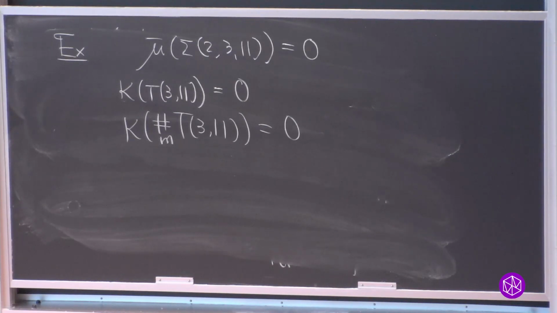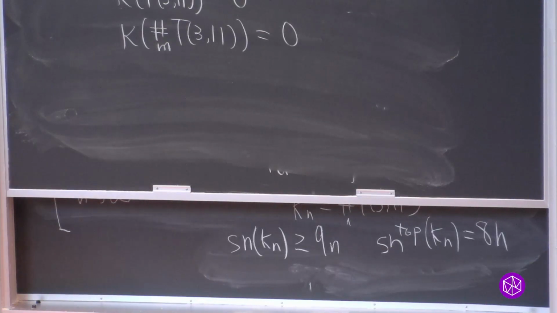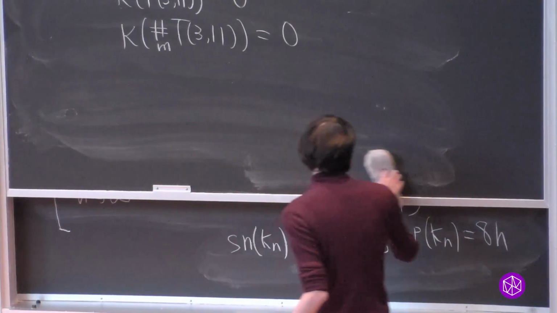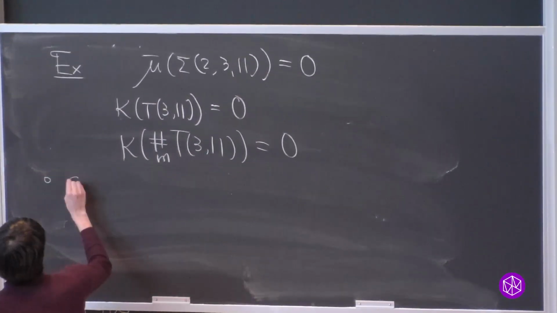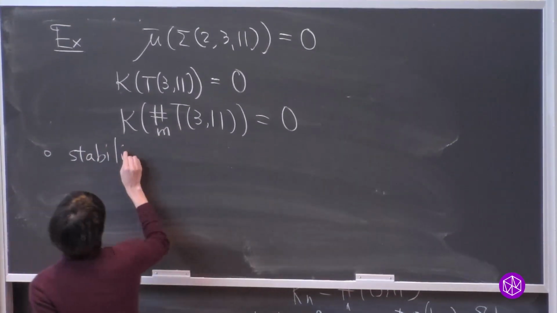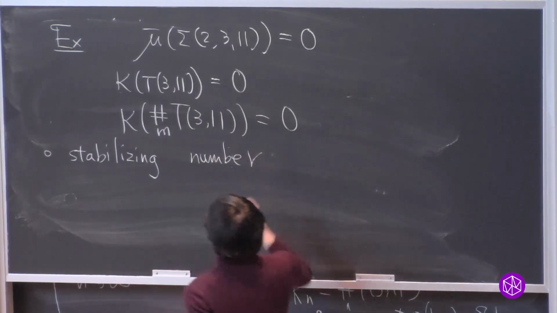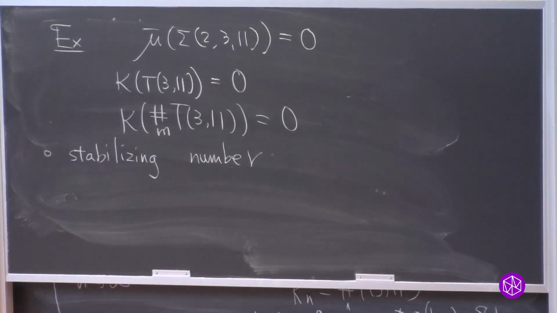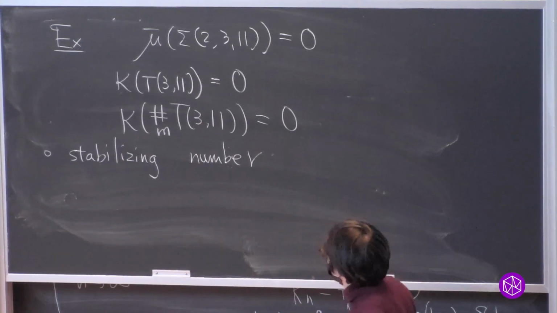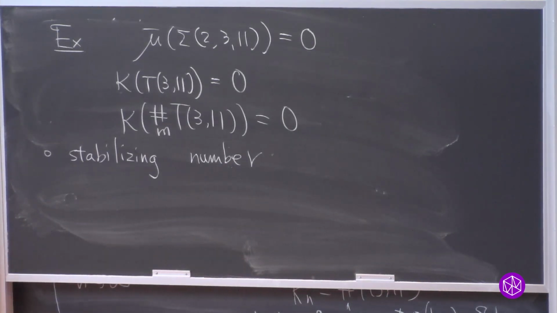Okay, so now let's go back to the stabilizing number stuff. In order to find some difference between the topological and the smooth category, we also need to determine the topological stabilizing number.